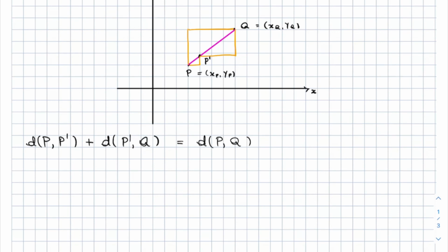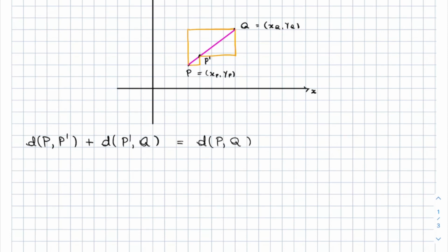The distance between P and P prime is the length of the hypotenuse here, and the distance between P prime and Q is the length of the hypotenuse here, while the distance between P and Q is the length of the hypotenuse here.